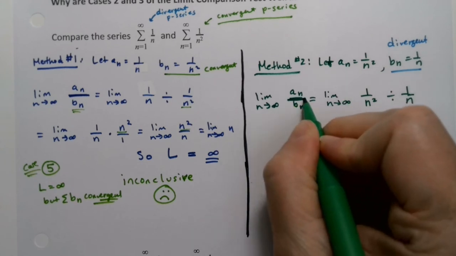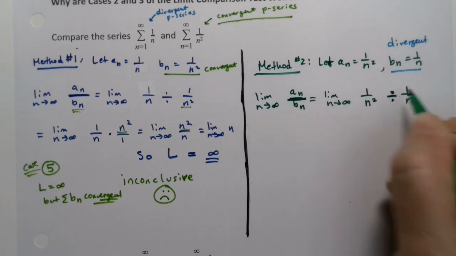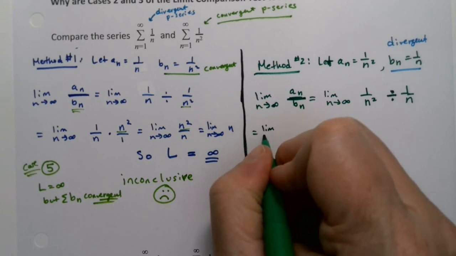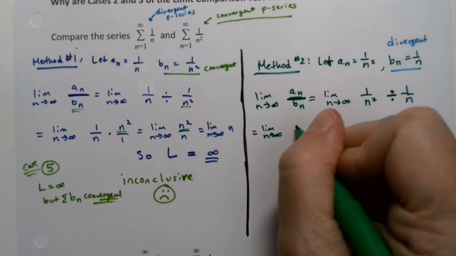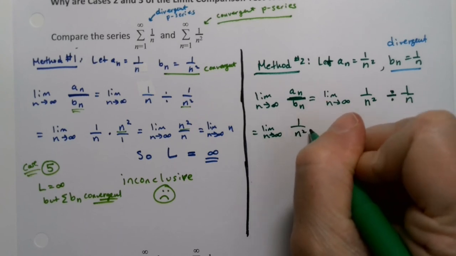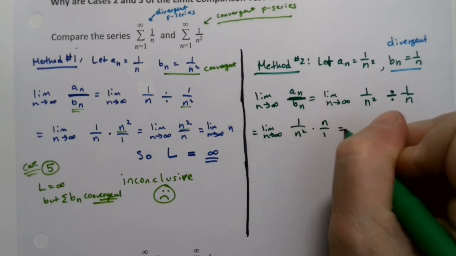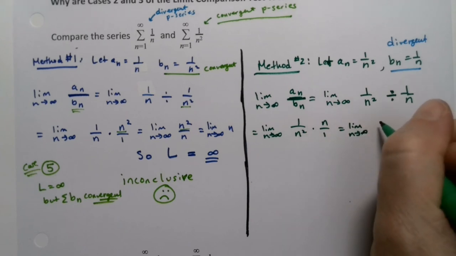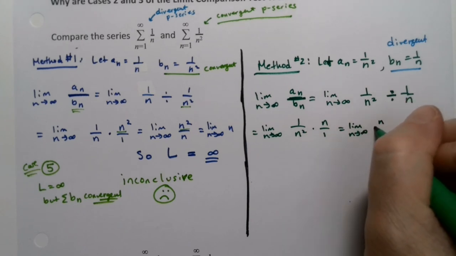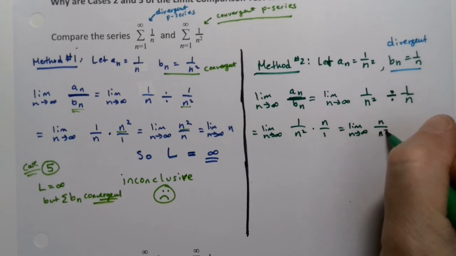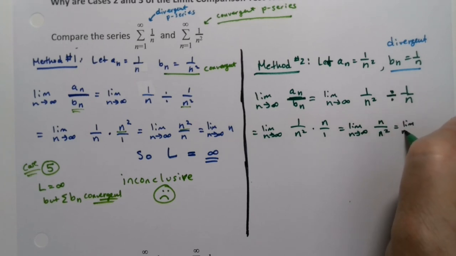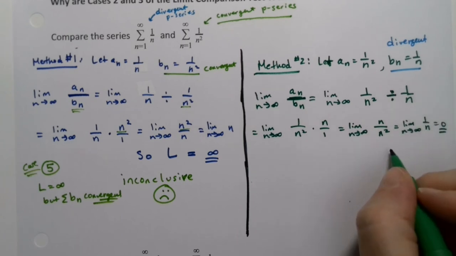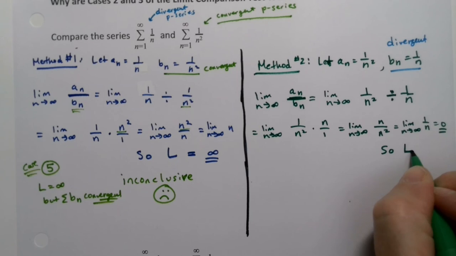This division here is becoming that division symbol here for the sake of ease of writing. So that would be equal to the limit as n goes to infinity of 1 over n squared times n over 1, which is the limit as n goes to infinity of n over n squared, which is the limit as n goes to infinity of 1 over n, which is 0. So L is equal to 0.